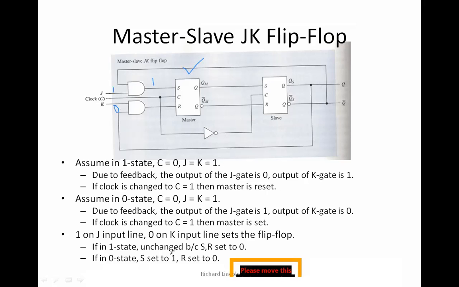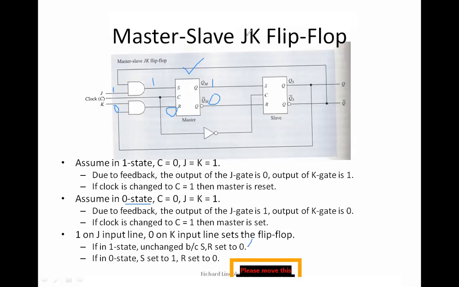If one state, unchanged, because SR is set to be 0, that we saw in the previous state. Now if it's in 0 state, that is this state, S is set to 1, just like how we saw 1 and 0. So in 0 state, S is set to 1 and R is set to 0. So S is 1 and R is 0. So what is your takeaway from this?